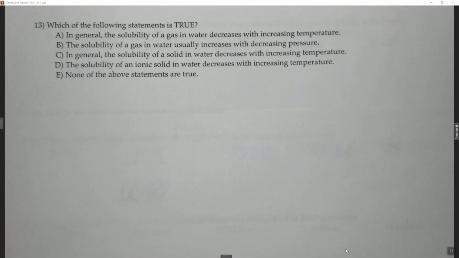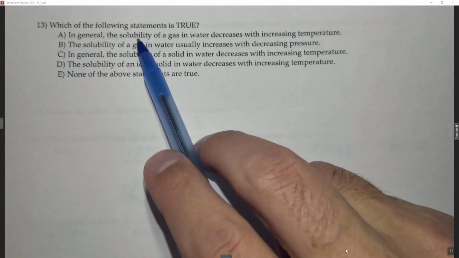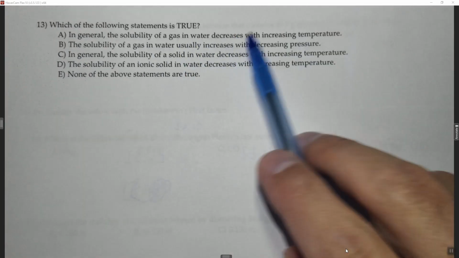But generally speaking, gases are less soluble at elevated temperature, and if you were to heat up a soda water solution, the carbon dioxide would completely evacuate relatively quickly as the solution heated up, because those molecules would have enough energy to fly out into the gas phase. So basically, in general, the solubility of a gas in water decreases with increasing temperature, which is true.